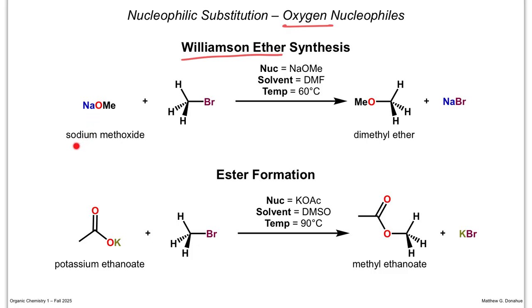This reagent is called sodium methoxide. For SN2, this is acting as a nucleophile. So it's going to displace with the normal arrow pushing, and what you end up with is carbon, oxygen, carbon. So that's an ether.